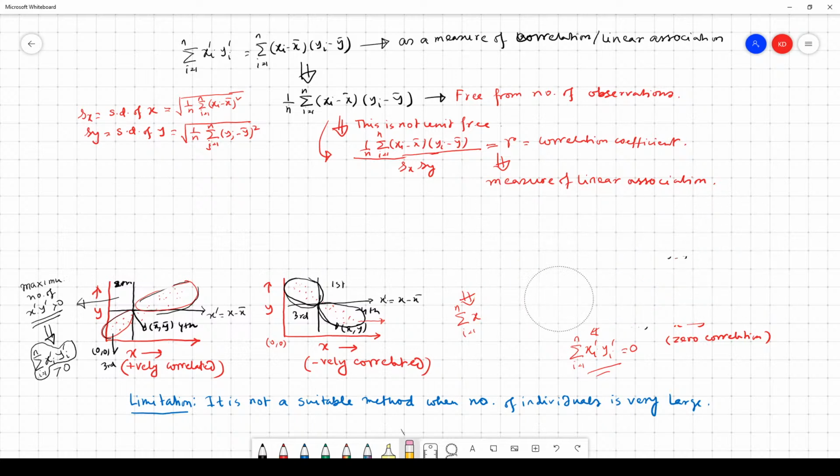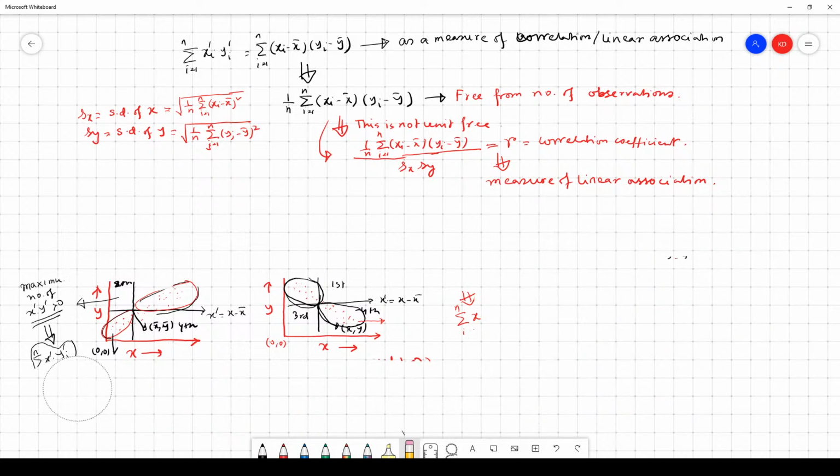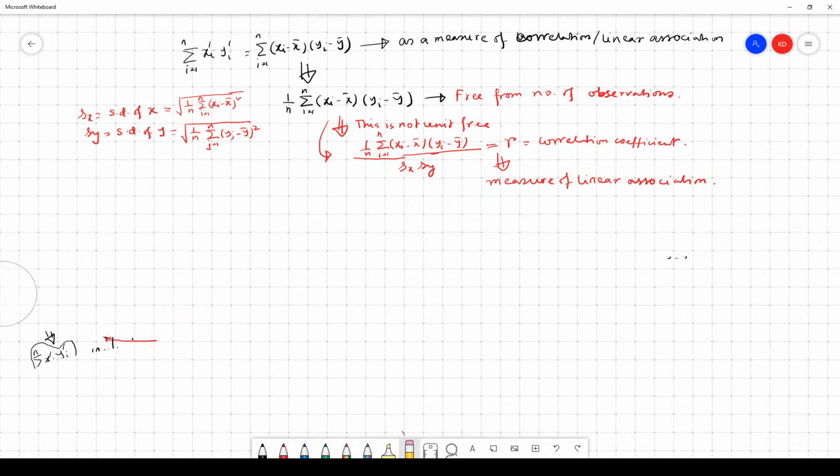So now we can write, sometimes this is written as r with suffix xy. So this means the correlation coefficient between the variables x and y.